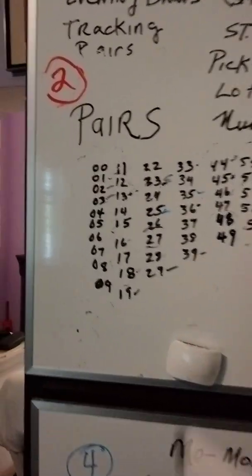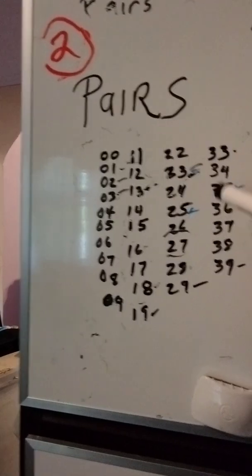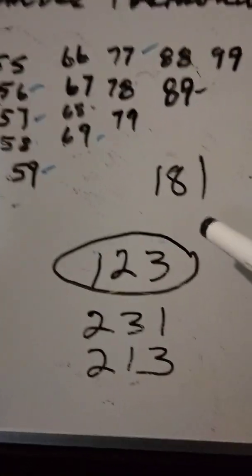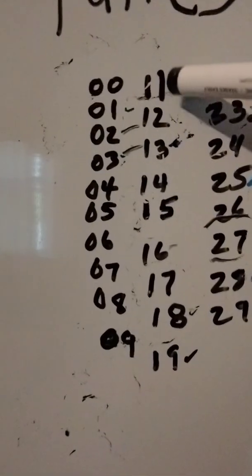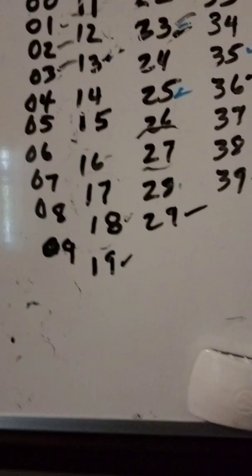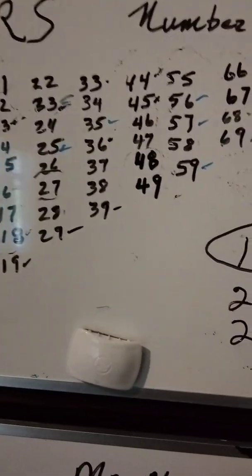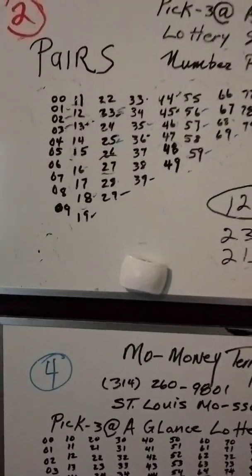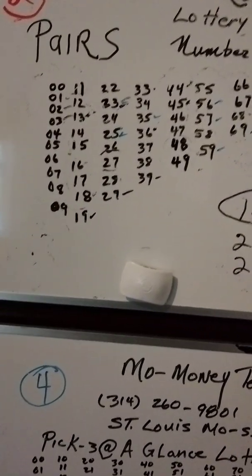Okay. This is the second strategy. There's 181. I'd play 11. I'll mark off 11, and I'll mark off the 18, because it's a double and it's got two separate numbers.